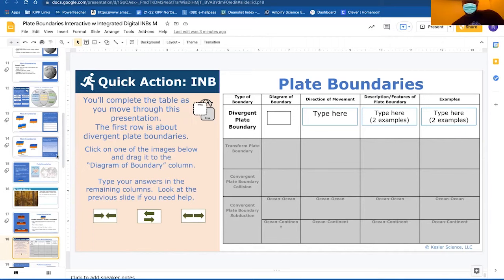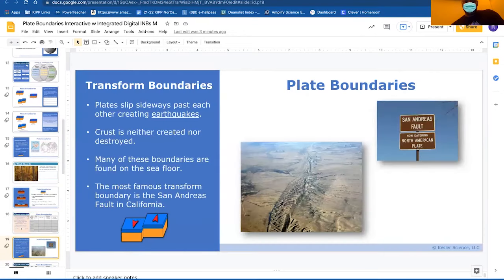Okay, let's keep going. Transform boundaries. These are ones we're more familiar with. This is where two plates slip past each other, creating earthquakes. Crust is neither created nor destroyed at these. Many of these boundaries are found on the seafloor.